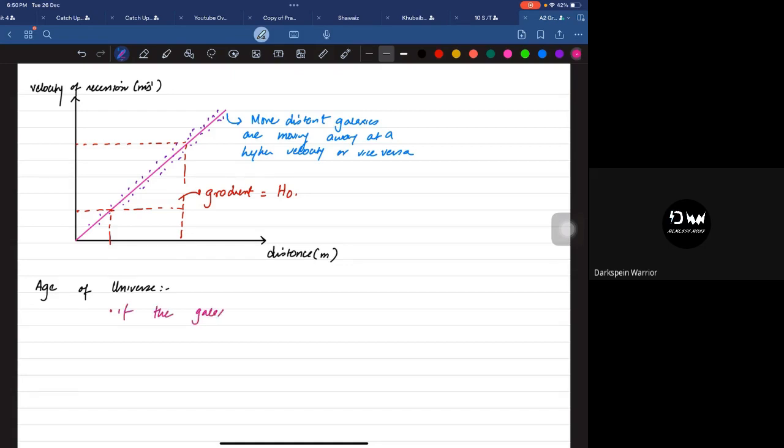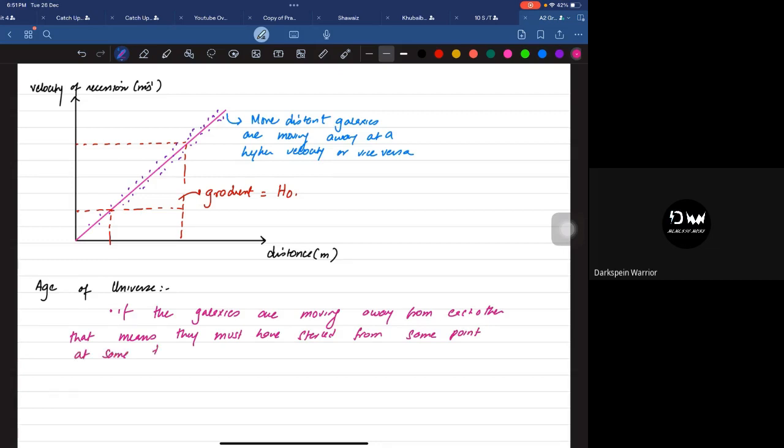So if the galaxies are moving away from each other, that means they must have started from the same point at the same time in the past. All right, kids.